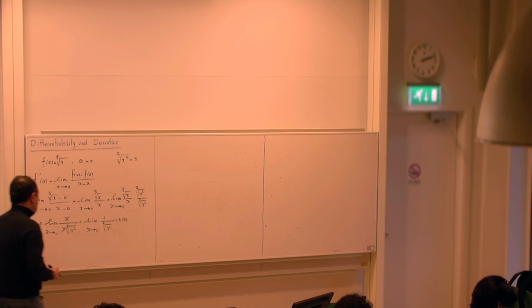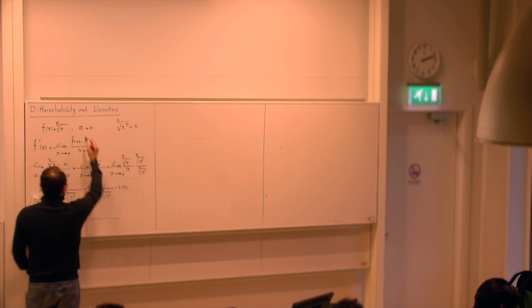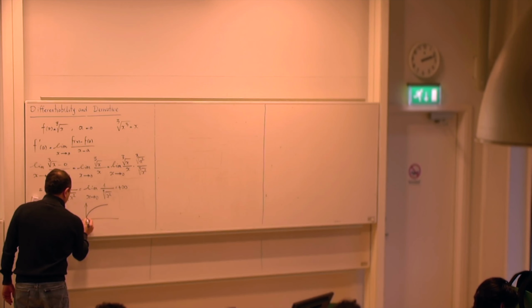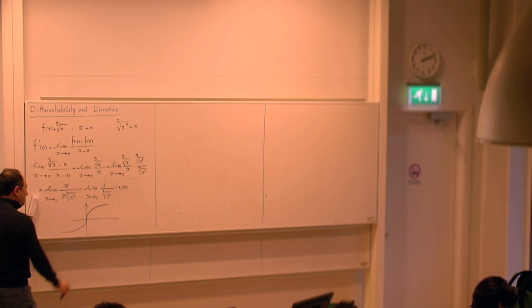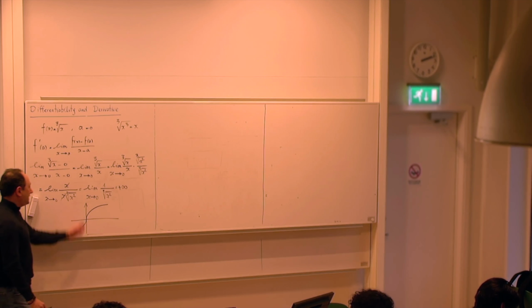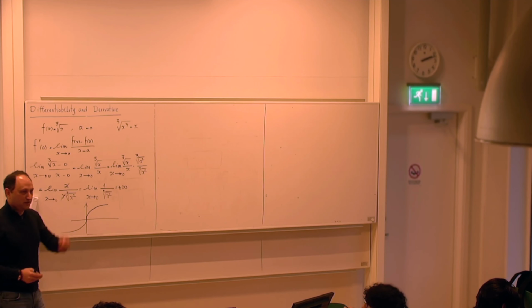Okay, so if you want to draw the picture of it, the graph of this function turns out to be something similar to this. Okay, somehow this is the tangent line. Yes? But this tangent line is a vertical tangent line. And what is the slope of the vertical lines?